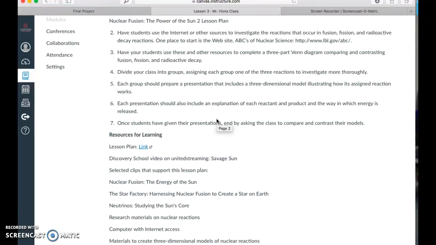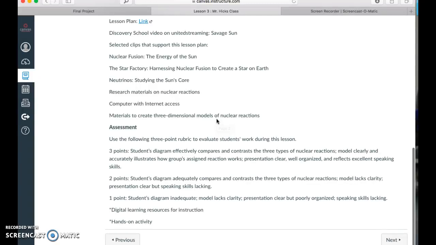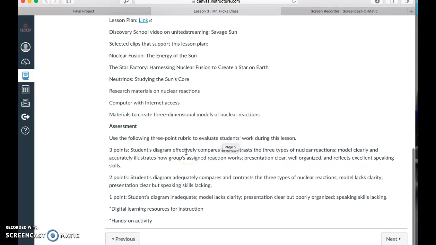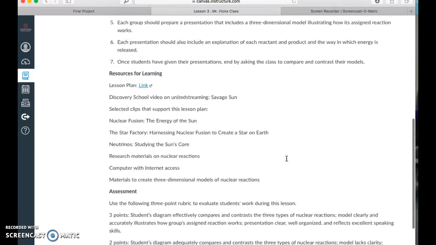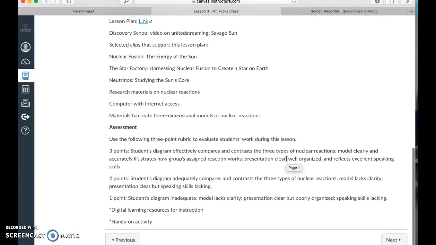And they were also involved with an assessment that allowed them to choose however many points they wanted from a rubric, and they were asked to build a diagram or do other activities, such as building a diagram and meeting the point requirement on the rubric.